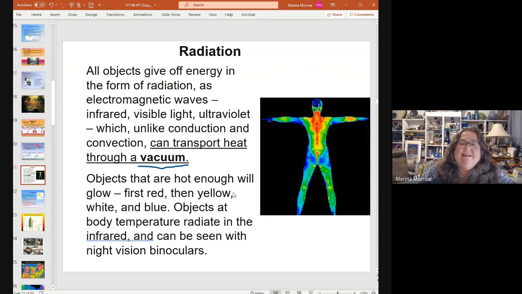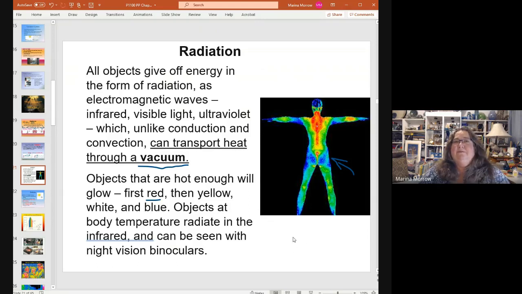As things get hot enough, they start to produce visible light. We say things are red hot or white hot, and those are pretty hot, hundreds or thousands of degrees. The sun is about 6,000 Kelvin, and it produces all types of light. It's white hot, because white is a combination of colors. Here we have a person being seen in infrared.